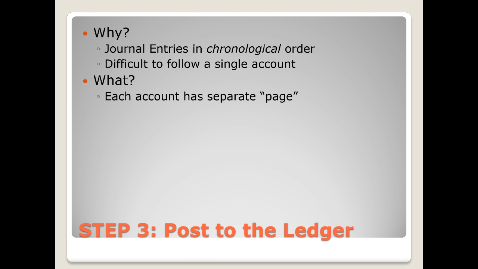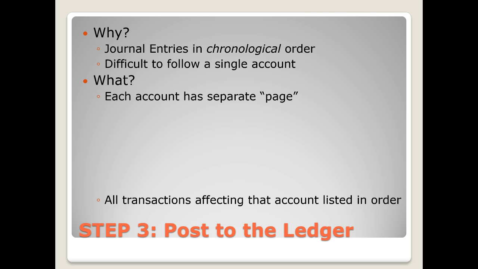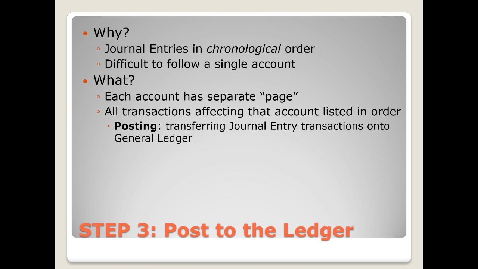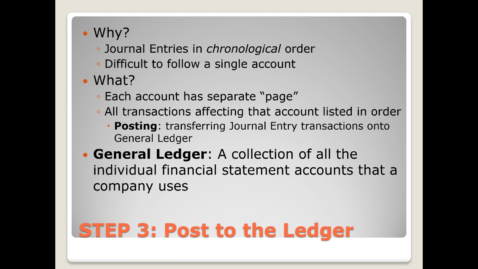So what we do is in the general ledger, every account has a separate page, and we follow all the transactions to that particular account that occurred during the month. When we post, we transfer all those journal entry transactions right onto the general ledger for that account.